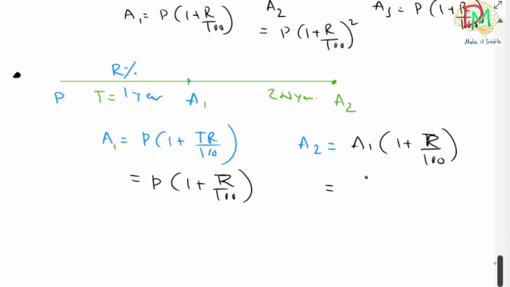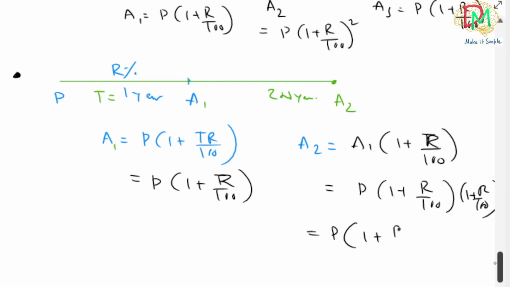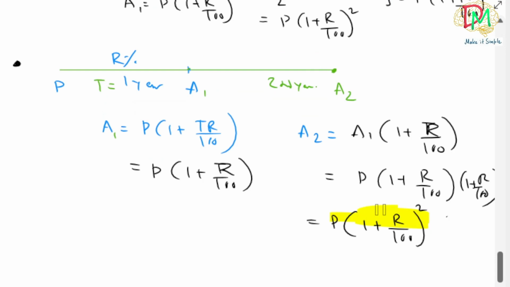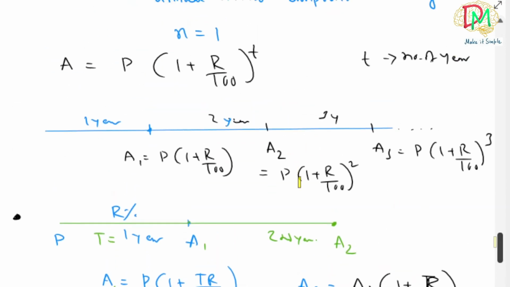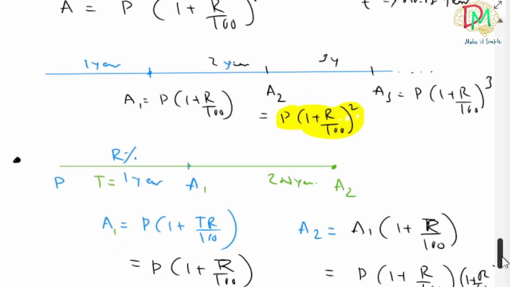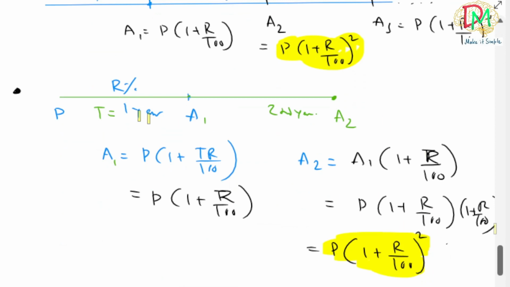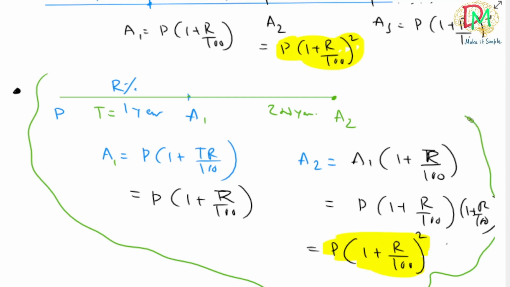Now if you replace A1 with this value, P into (1 plus r by 100) into (1 plus r by 100), finally we get P into (1 plus r by 100) squared. Now look at this. Match it with the value when you calculate the compound interest formula. Clear? Both values are the same. So actually this is the conceptual part of the compound interest.